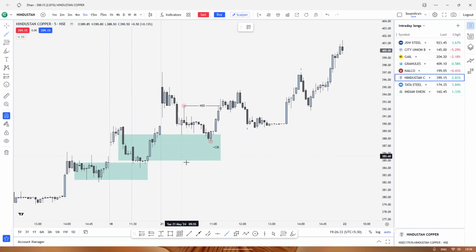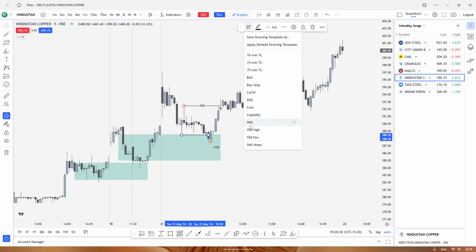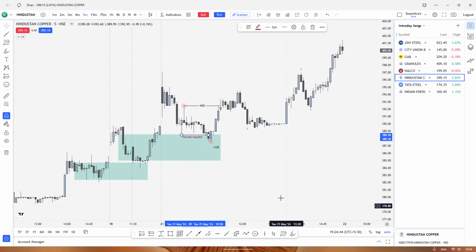So therefore also we see here that this is sell side swept here, and already in the market structure shift we are sweeping the buy side. So first sell side, then buy side.